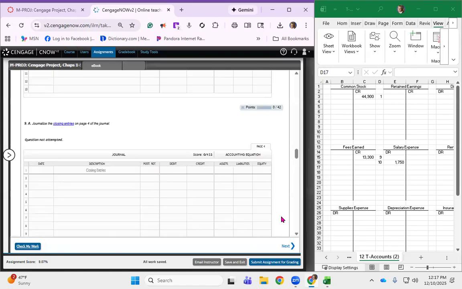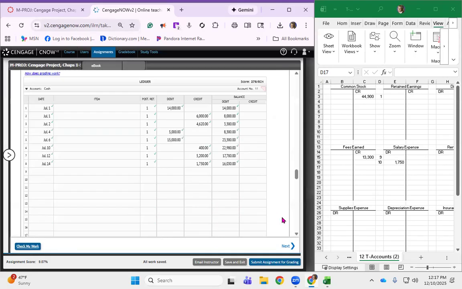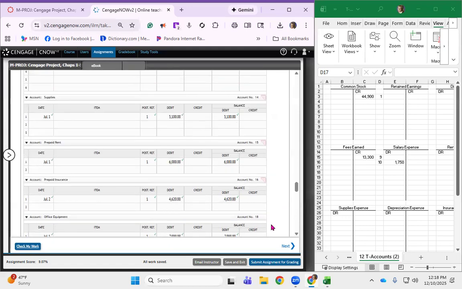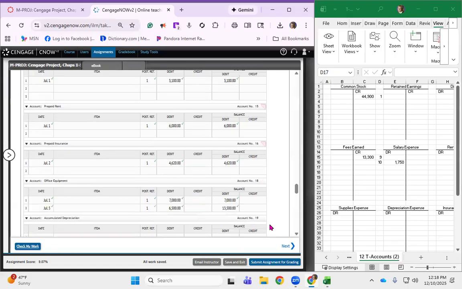You might also go down and look at your ledger. Okay, your ledger should show, watch it now, cash. You should be filled out something through line 8. Okay, accounts receivable, line 3. 1 in supplies, 1 in prepaid rent, 1 in prepaid insurance. Now you say, what are these red things for?